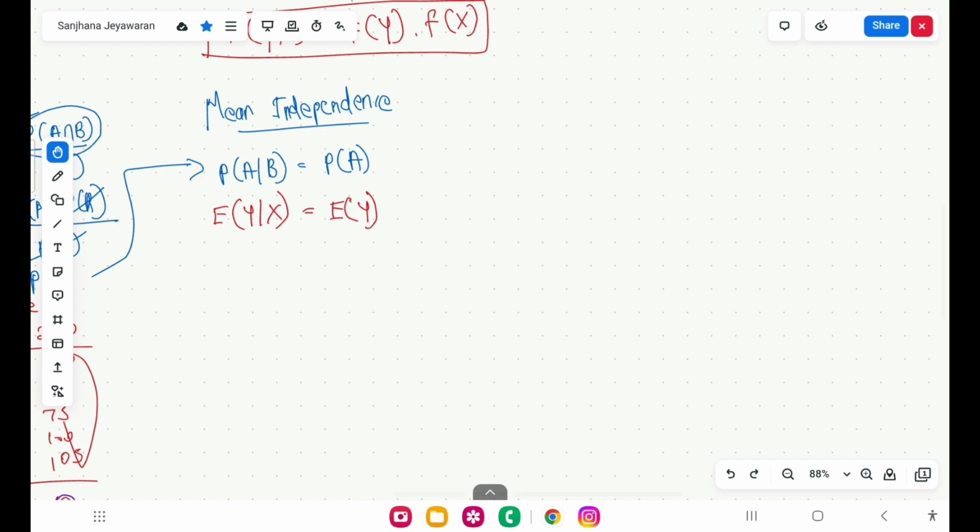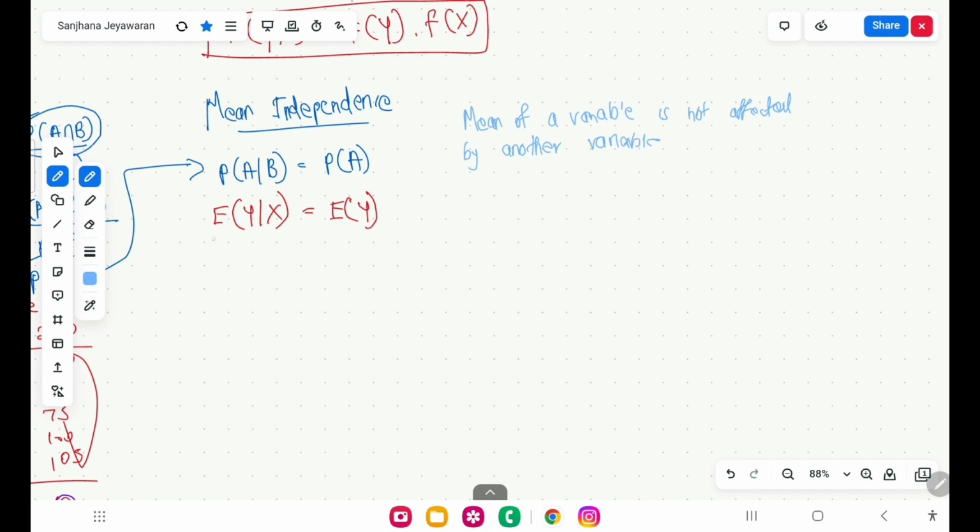If I am supposed to give it in text, like a definition, we can say the mean of a variable is not affected by another variable. Here you see the mean of y is not affected by x when y and x are mean independent.